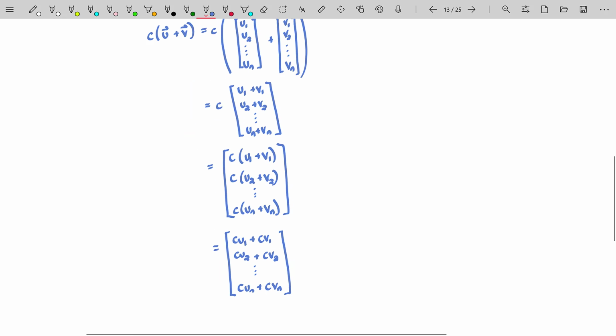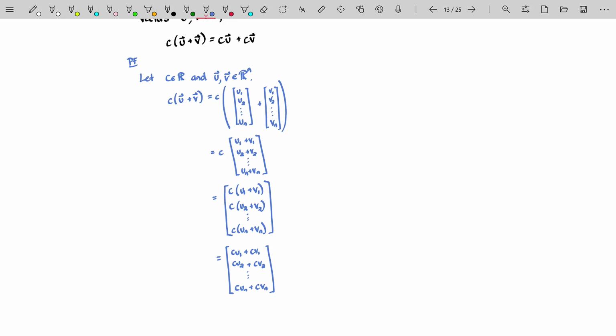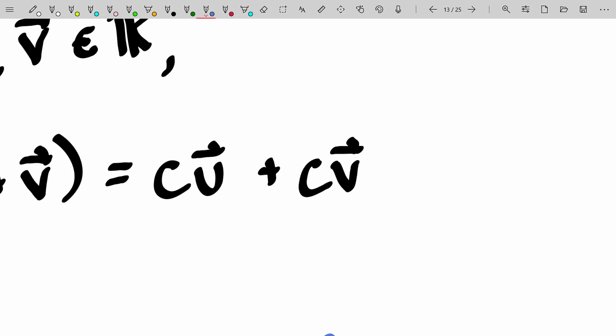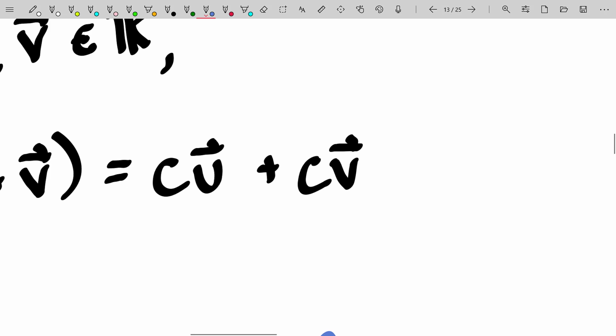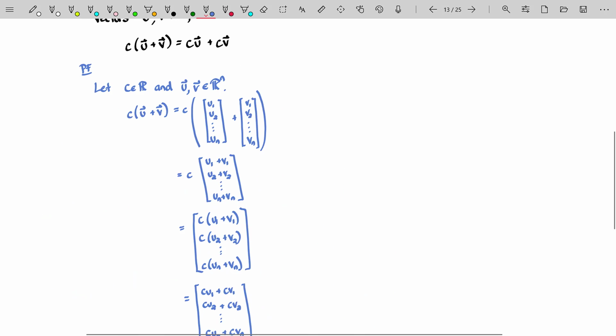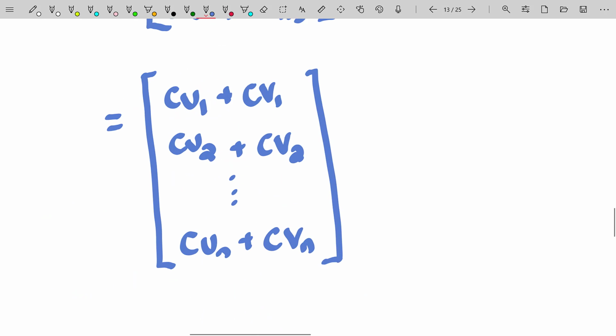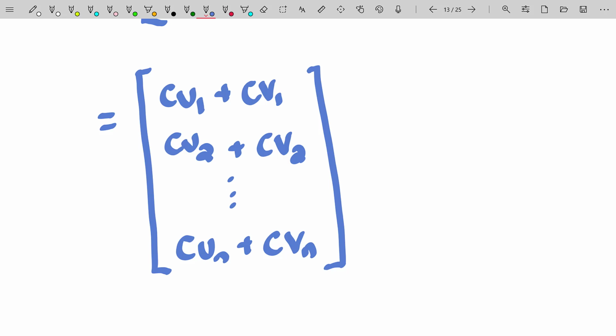Now let's go ahead and pause and go up and take a look at where we want to arrive. I want to arrive at the sum of two vectors, c times u plus c times v. So I somehow need to break apart this single vector into the sum of two vectors. Luckily, I can do that.